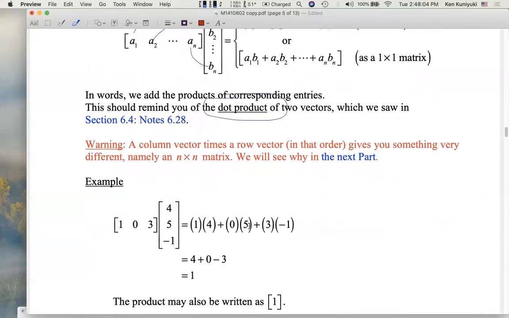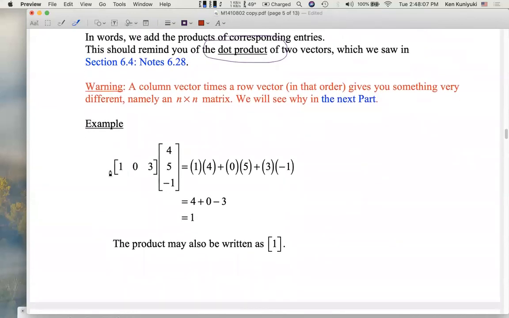So when you take a row vector times a column vector, here you get 1 times 4 plus 0 times 5 plus 3 times -1.